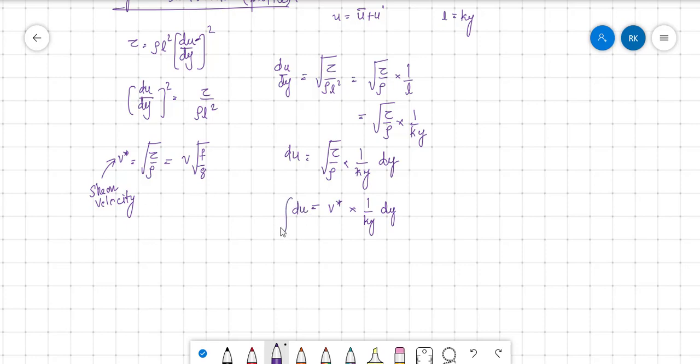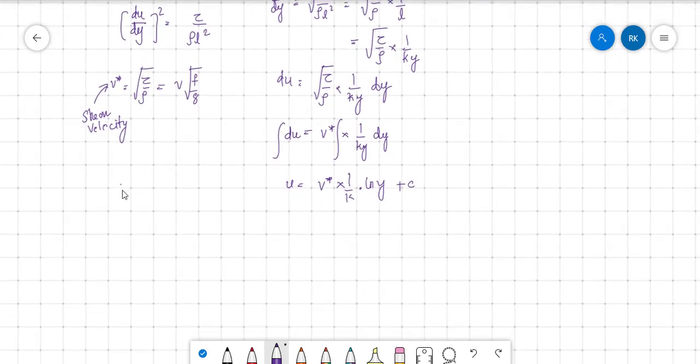So integrating it, that will give us u is equal to v star into 1 by k into 1 by y dy. What is 1 by y dy? That is log y plus c. So we have said that k is equal to 0.4 for pipes.